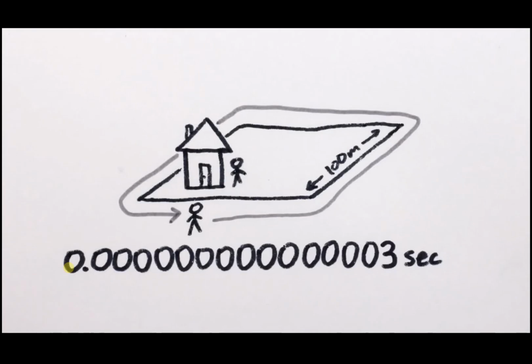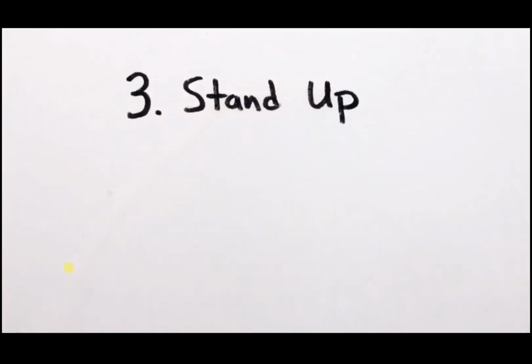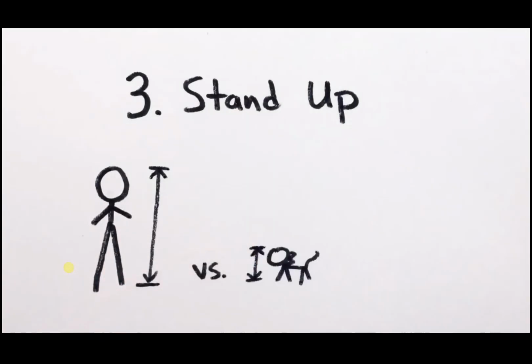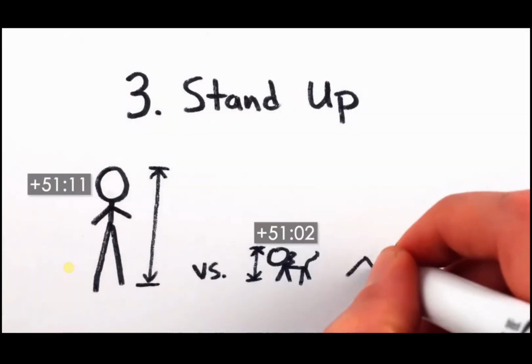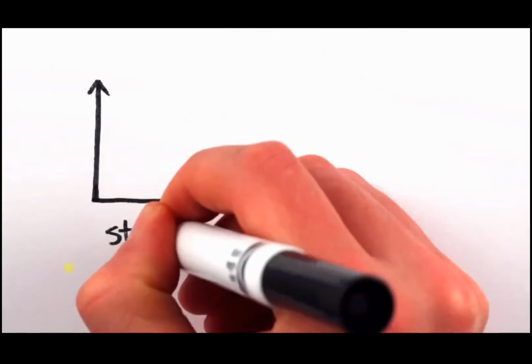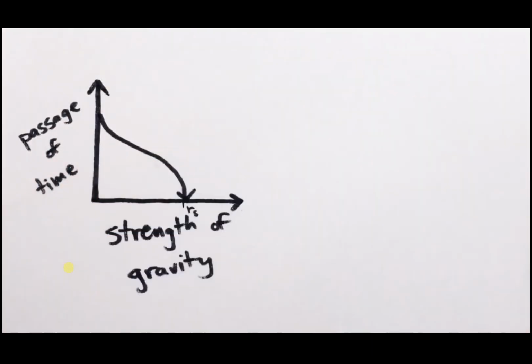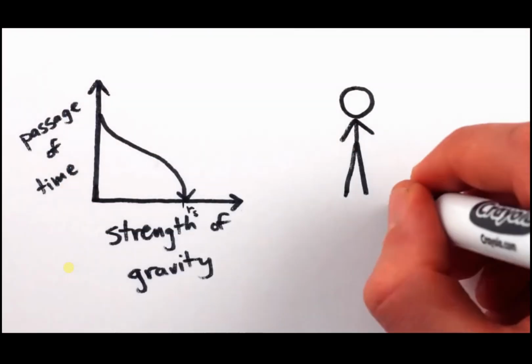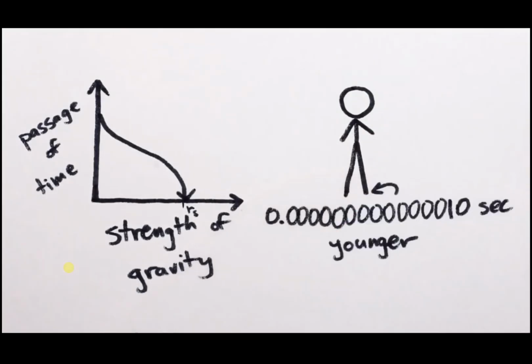Except in order to walk around the block, you had to stand up. You're now further from the Earth, and so gravity is a tiny bit weaker for you, which means you're traveling through time relative to your friend who's sitting down. That's right, more gravity makes time slow down too. If you stand up for a minute, your feet will age 10 femtoseconds less than your head. Every time you stand up, because your head is slightly further away from Earth's gravitational field, your head is experiencing time slightly slower than your feet.